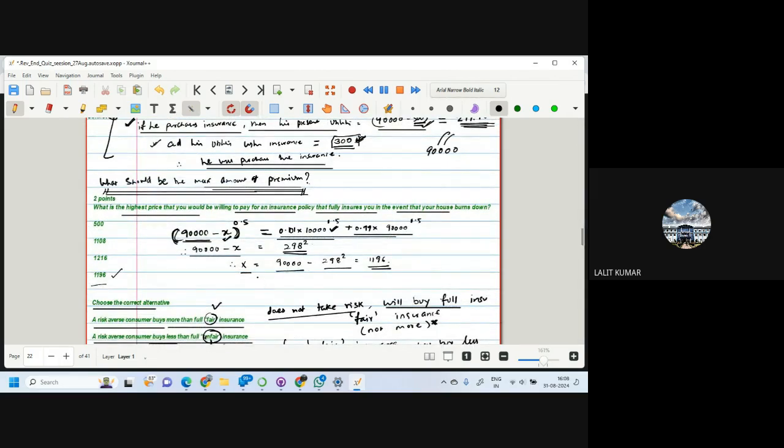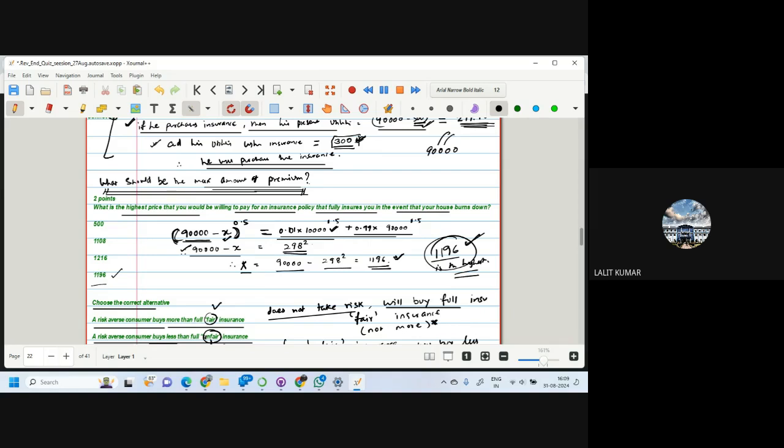We take the square of both, so 90,000 minus X becomes 298 square, and X becomes 90,000 minus 298 square, which comes to 1196. So 1196 is the highest amount which he should pay for the premium. He will not go beyond 1196. I hope this solution is okay, sir.